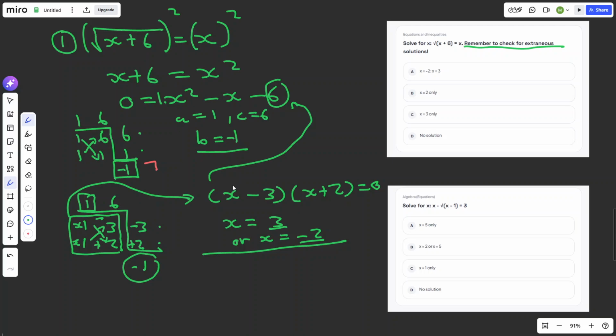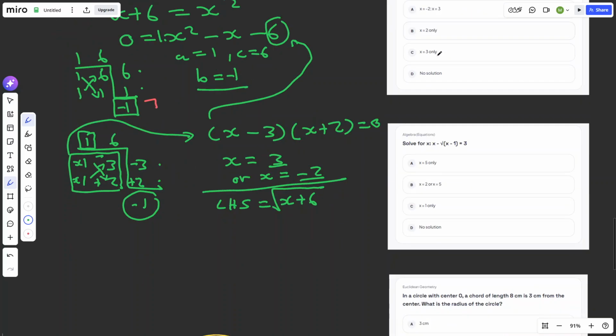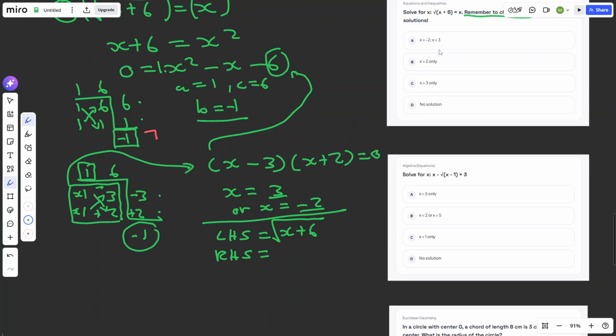So we're going to use that. So the left hand side is equal to the square root of x plus 6. Okay. And according to this here, the left hand side is equal to the right hand side. So we want to check if that is the case. Okay, the right hand side is equal to x.